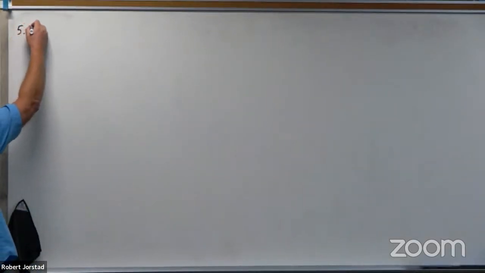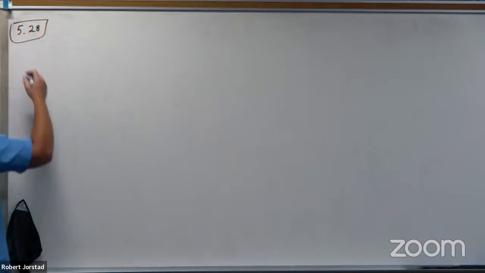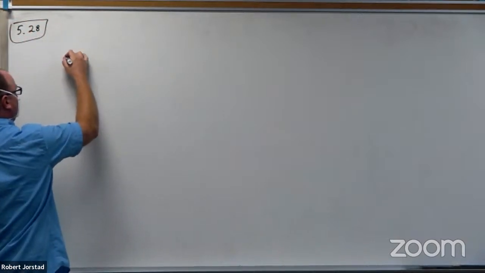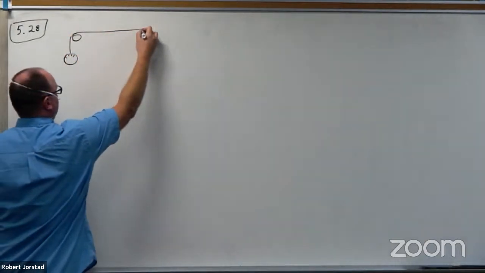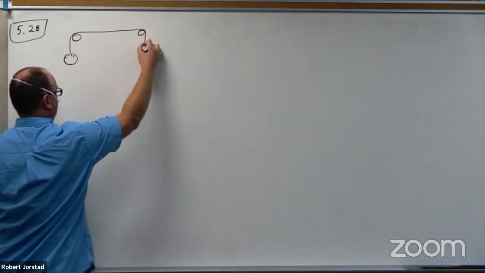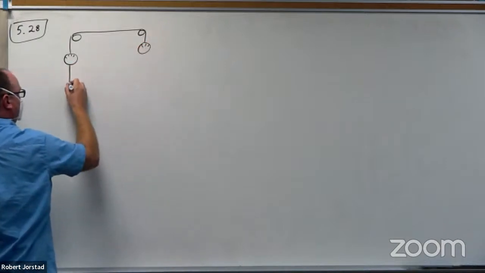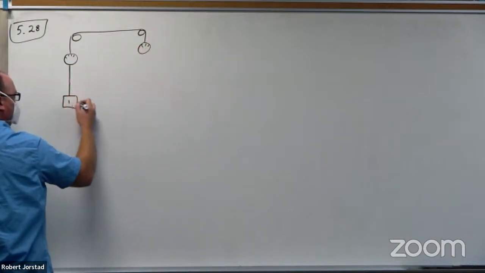Okay. What do I call this one? 5.28. There's a scale here. There's a pulley here. Pulley here. There's a scale here. There's a mass 1 here.